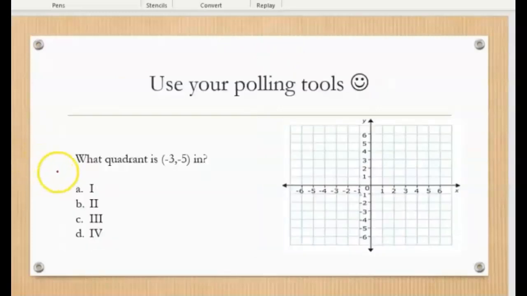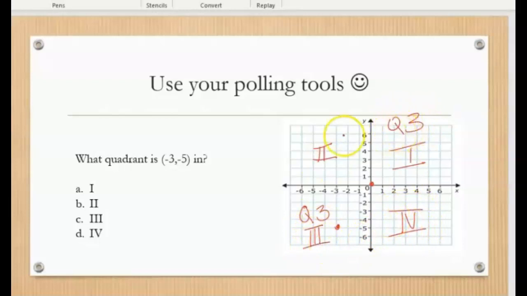So which quadrant is -3 and -5 in? Remember, we're going to start at the origin, go over 3 and down 5. It is in quadrant 3. Oh, I didn't show you guys that we can sometimes label these using Roman numerals. So sometimes you'll see 1, 2, 3, and 4.